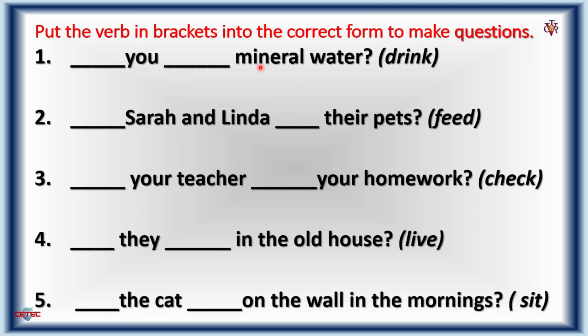Here, we have to use the verb drink in one of these spaces. But here, the sentence has to be with a question mark. That means it's a question. And the subject, it's you. So now we have to use do or does.